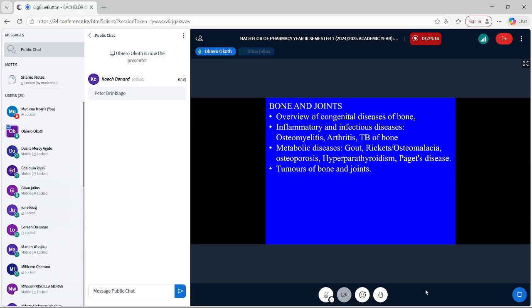It will be a bit tough, but it will be easy to see. You will see a disproportion between the head. I know kids normally have bigger heads, but if you look at the chest, you look at the spine, and you look at the bones of the head, they tend to be grossly disproportionately larger than the appendicular skeleton.